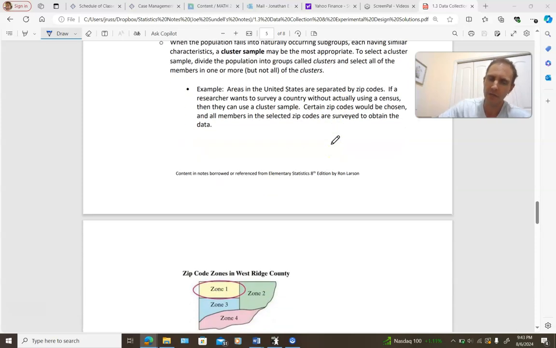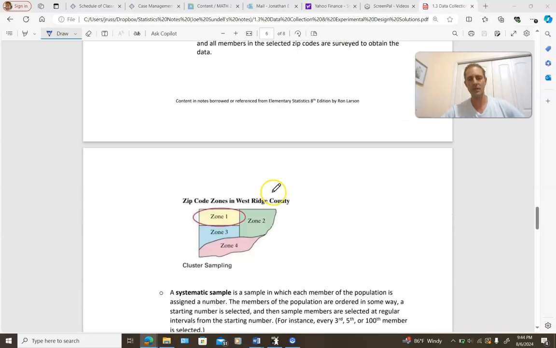Okay, so here's some examples. So areas in the U.S. are separated by zip codes. So if a researcher wants to survey a country without actually using a census, then they can use a cluster sample. So you could say that each zip code area is its own cluster. And so certain clusters or certain zip codes would be chosen, and then all the members in each of those clusters or zip codes are surveyed, okay, to obtain the data.